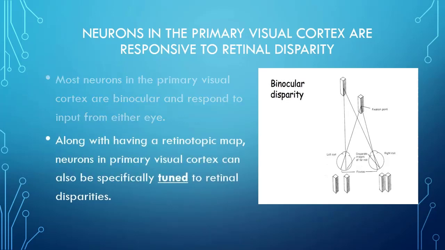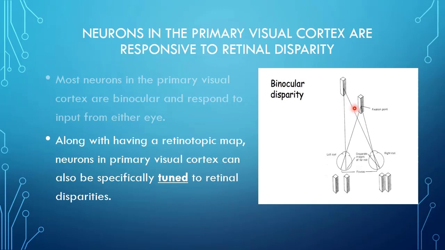But along with these neurons that form this really basic retinotopic map, where we just have this grid represented in space for different parts of the retina, we also have a set of cells that we've found that are tuned to what you can think of as being retinal disparities.